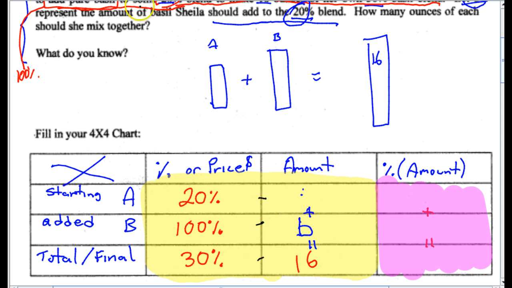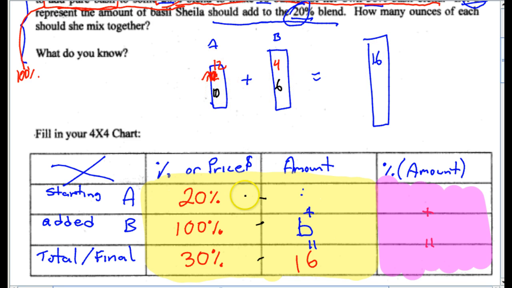So, for example, what if B was 4? What would A end up being? 12. And how would you get that? Well, if you didn't know the answer was 12, how would you get it? 16 minus 4. All right. What if B was 6? What would A equal? 10. Once again, because 16 minus 6 is 10.